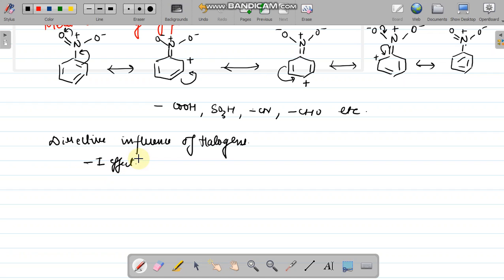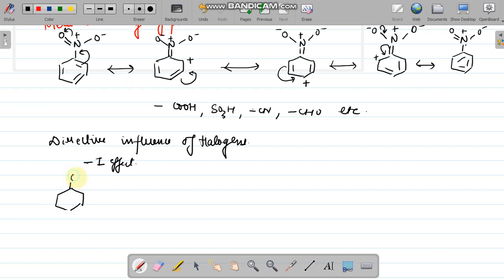Therefore, the electron density on the benzene ring is going to decrease. But due to resonance, the electron density on ortho and para positions is more. Therefore, we say that if any benzene ring has a halogen, then it is going to be ortho and para directing.